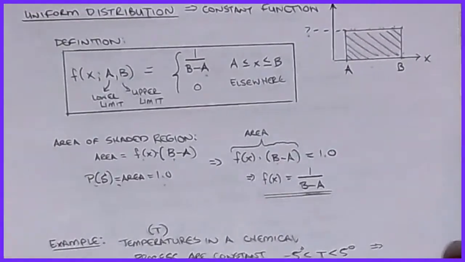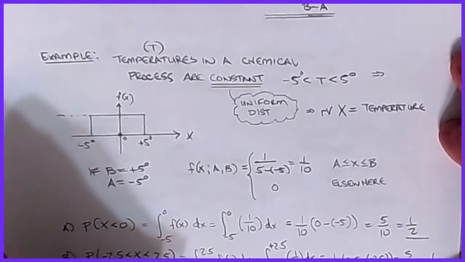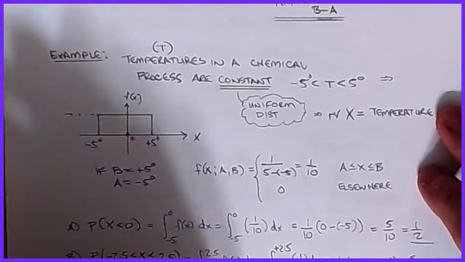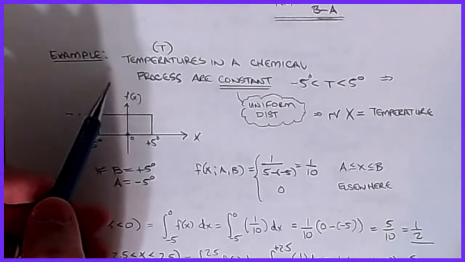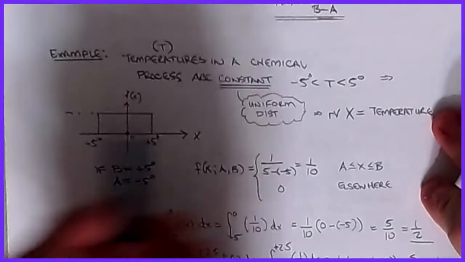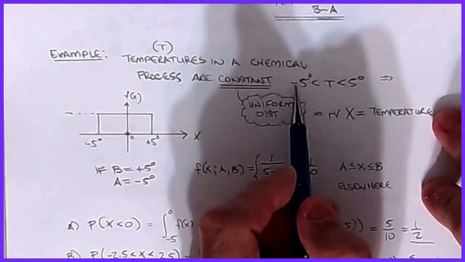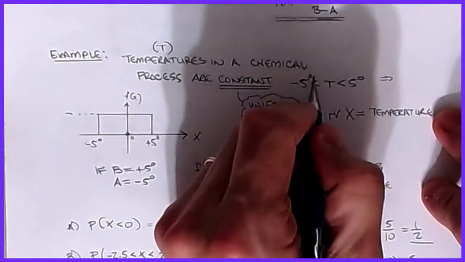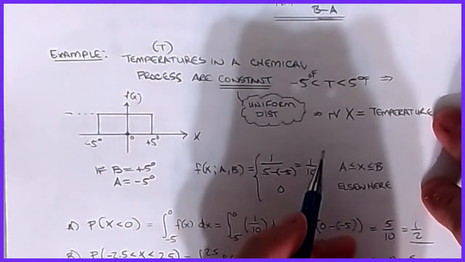So once I have it, now we can actually start doing probability games. And like I say, the rectangular ones, the uniform distributions, are pretty simple to grasp as we look at that. So let's consider temperatures in a chemical process that are said to be constant. Well, the word constant means uniformly distributed. It's going to be over the interval of minus 5 degrees, let's just say Fahrenheit, to plus 5 degrees Fahrenheit.